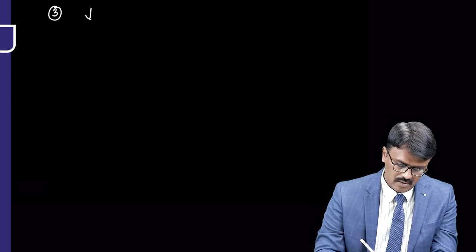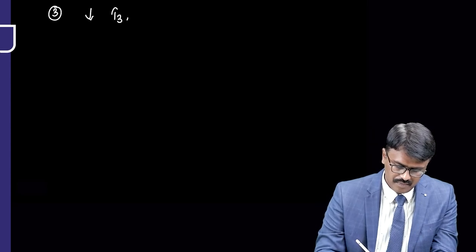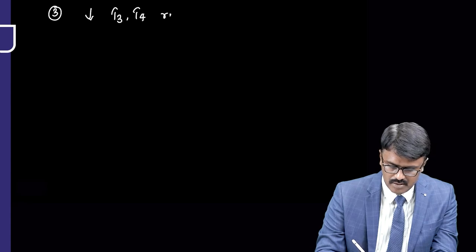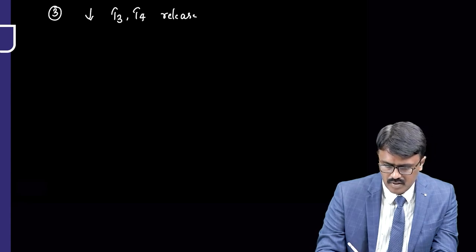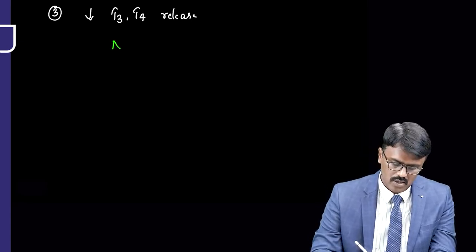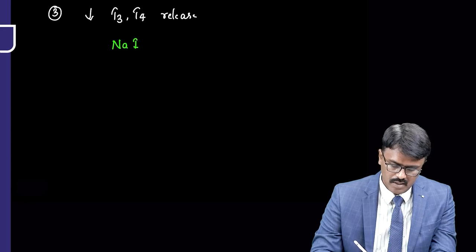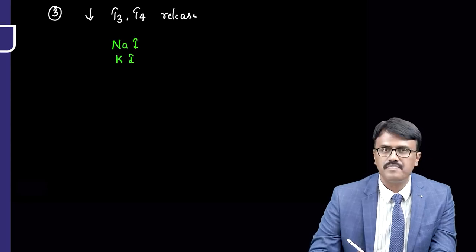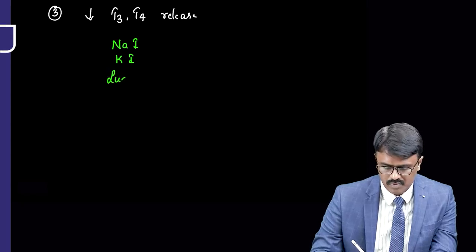So once we are done with that, let us move on to the next. They decrease T3, T4 release. So what are these drugs which decrease T3, T4 release? They are called sodium iodide, potassium iodide, and an iodine called Lugol's iodine.